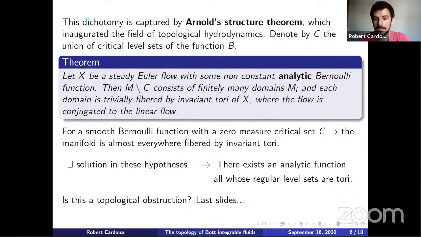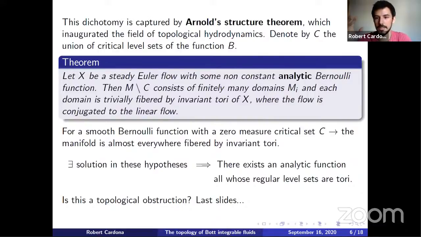And one can ask or wonder if this is a topological obstruction, in the sense that, does every three-manifold admit such a function? And actually we will address not exactly this question, but inspired by this question, we will address it in the last part of this talk.